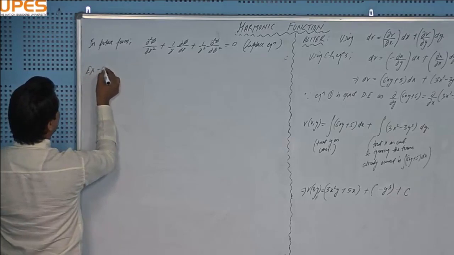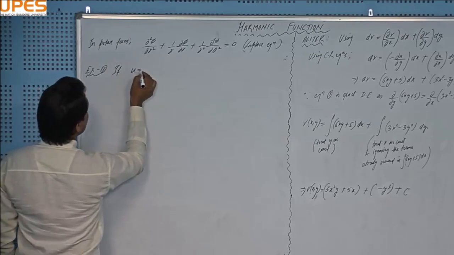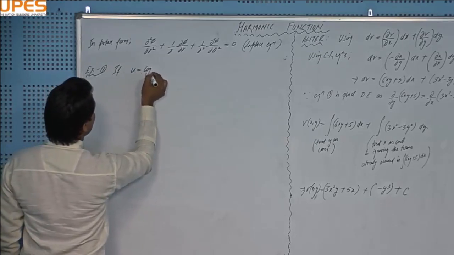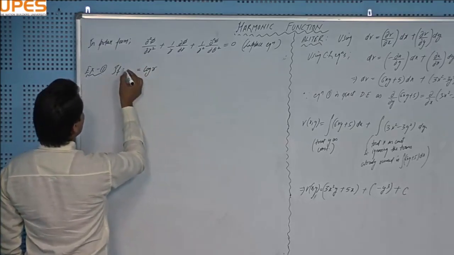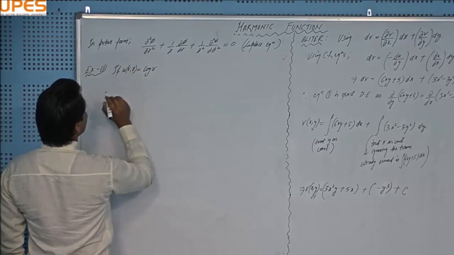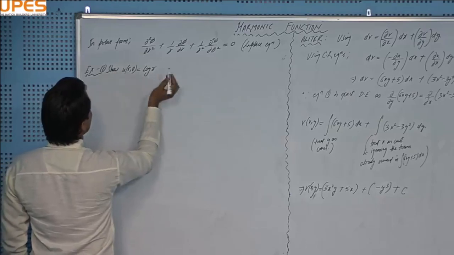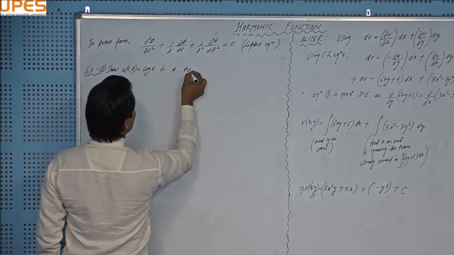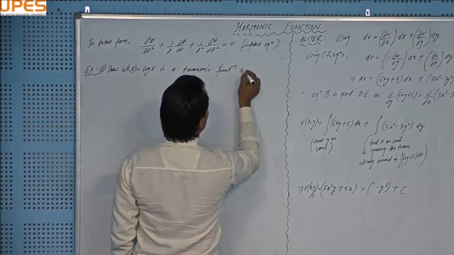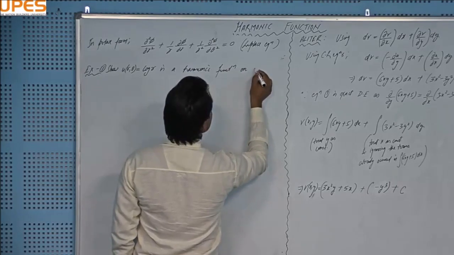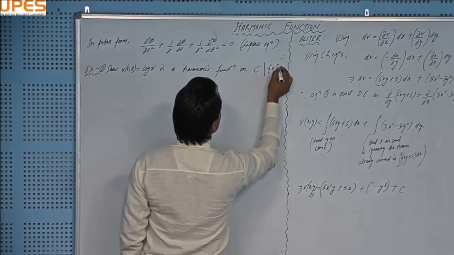Okay, so I will take one example. Example number 1. If u is equal to log r, u is a function of r and theta. Show that u is a harmonic function on C minus 0.